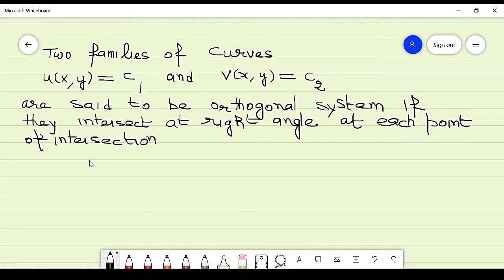So this is one family of curves and this is the second family of curves. If they intersect at right angles at each point of intersection, then these two families of curves are said to form an orthogonal system.